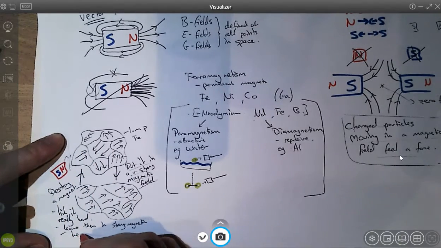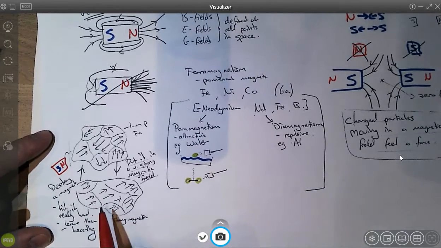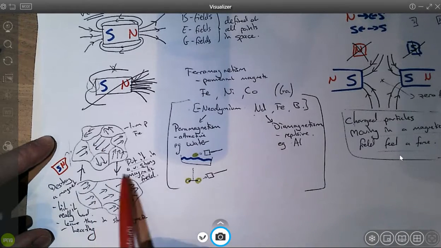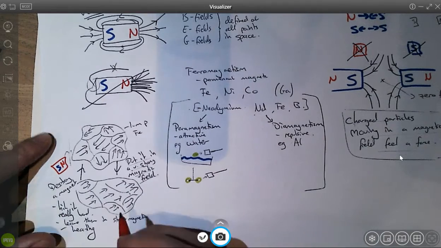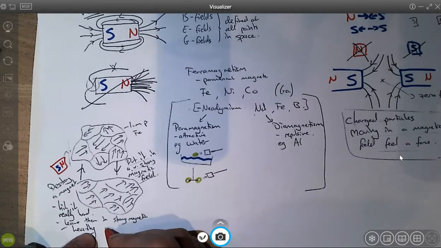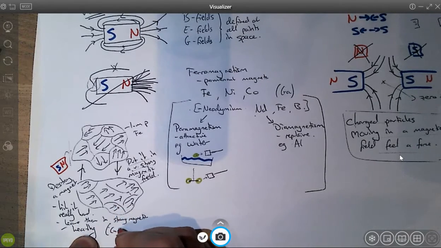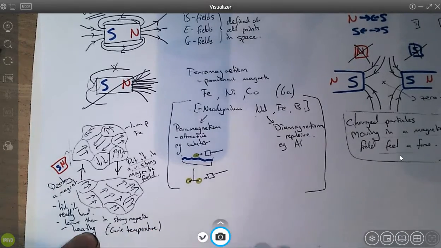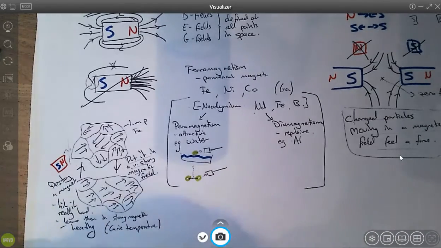And then finally, heating the magnet as well will cause all these domains to jumble up again, because you're providing them with energy to go against this direction. So the point at which a magnet loses its magnetism, if you heat it up, is known as its Curie temperature. This is not something that you need to know for GCSE, but if you ever see this word Curie temperature, that's what it means.